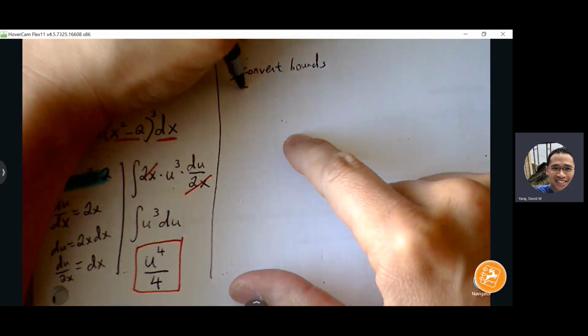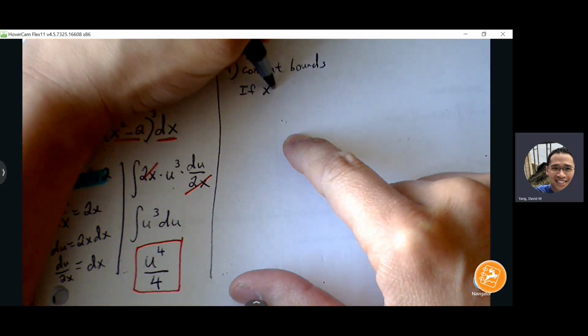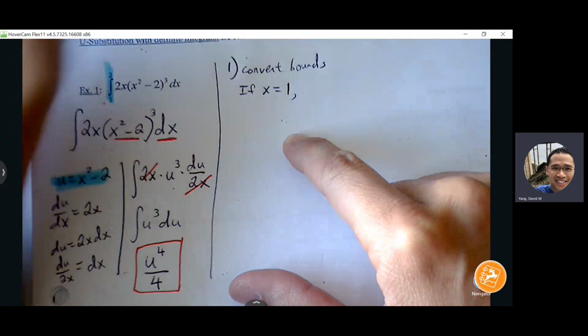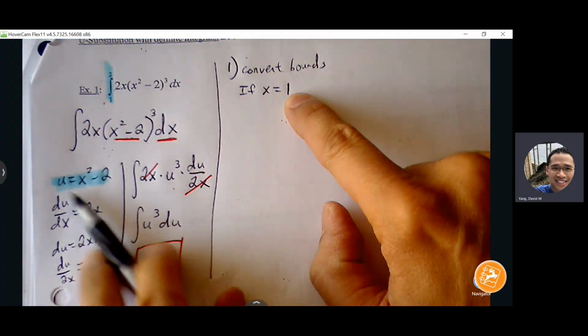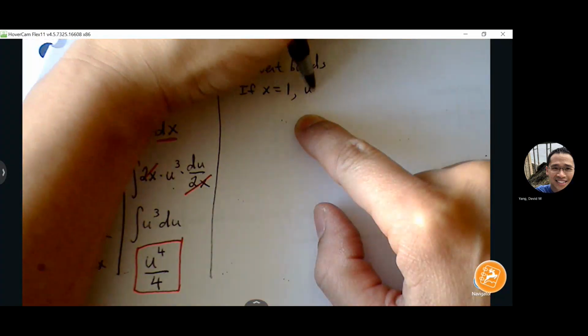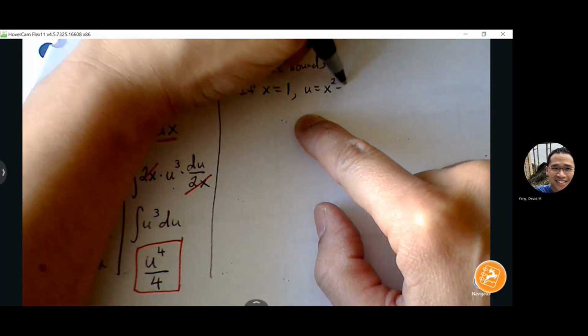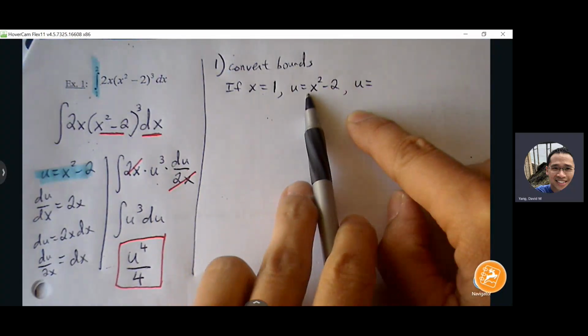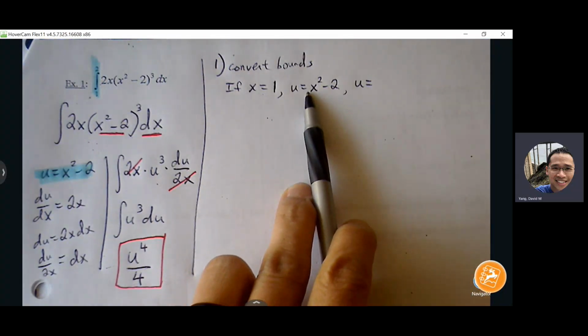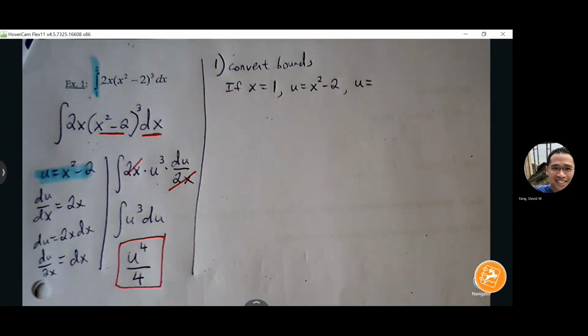So we can say if x is equal to 1, then the u must be equal to this conversion here. So if I replace 1 in for x, what do I get? 1 minus 2 is, okay, negative 1.